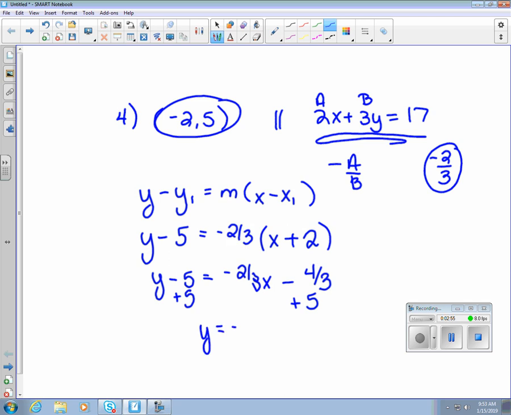So y equals -2/3 x, and this is really -1 1/3, so I'm really taking 5 minus 1 1/3, so that's going to give me a +3 2/3. And that's my equation. That's it. So nothing else to do with that one. Is that okay? Anybody want another example of that, or yay, nay? Okay. So there's that one.